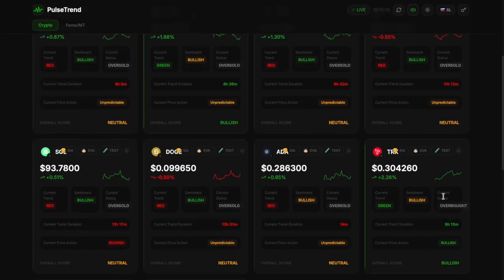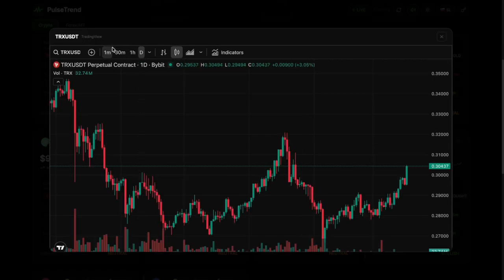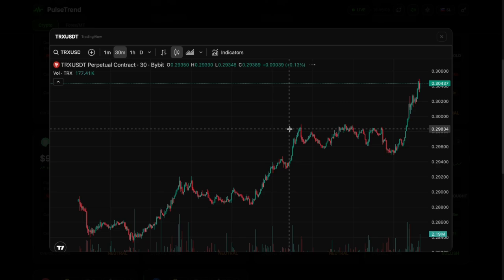If I look at Tron over here, I see, okay, the sentiment is bullish, but it's yellow, which means that the current higher time frame is overbought. But you see the current trend has gone on for 9 hours, and the current price action is bullish. So why not? I'm just gonna click the chart over here and see really quickly what's going on.